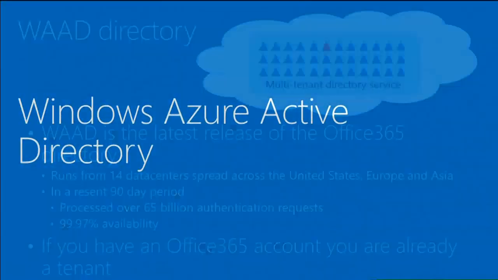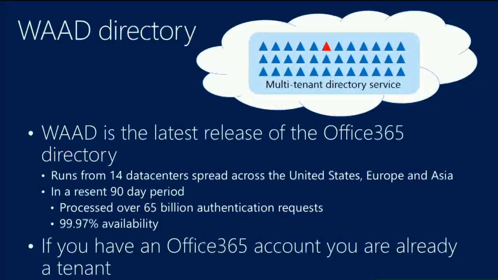OK, so what I want to do is just very briefly look at that. The Windows Azure Active Directory: if you have Office 365 and you have an Office 365 identity store, you have a Windows Azure Active Directory. So really, it's just the latest release of the Office 365 directory. Just to give some information, it runs in 14 data centers, pretty much spread across the globe.